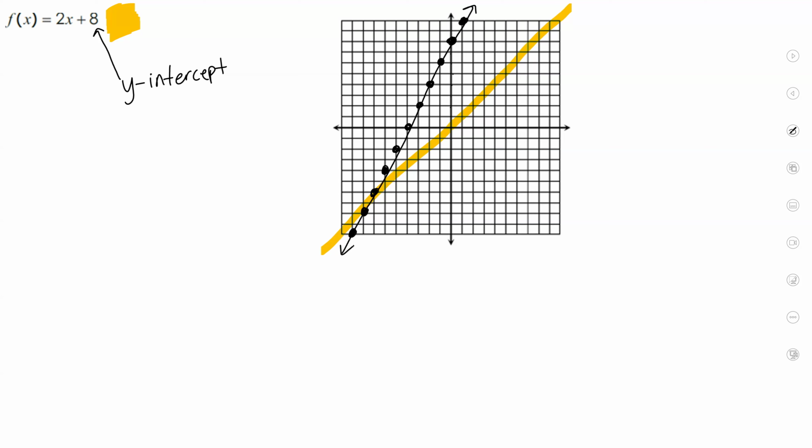Okay, look up, make sure you graph the original line correctly. Now, guys, you should be graphing the inverse.